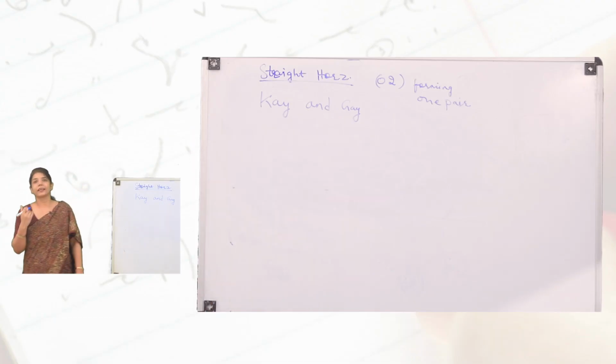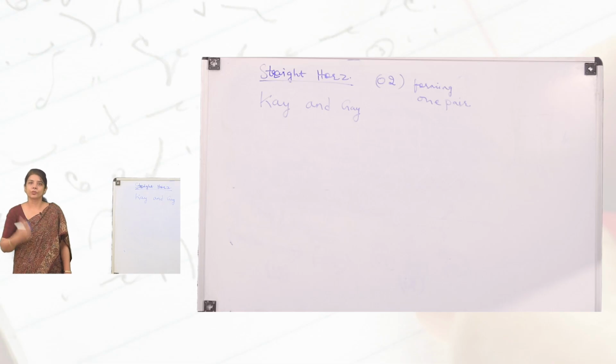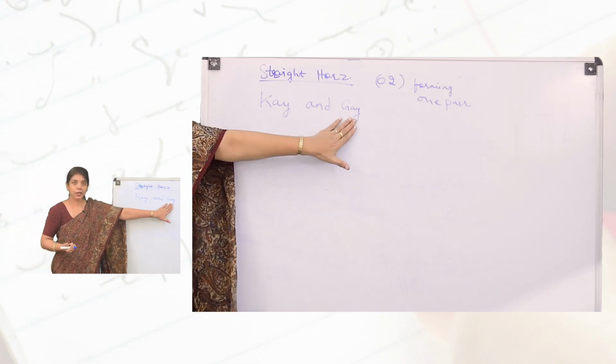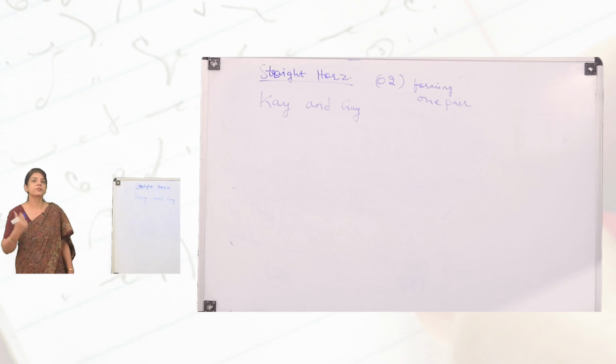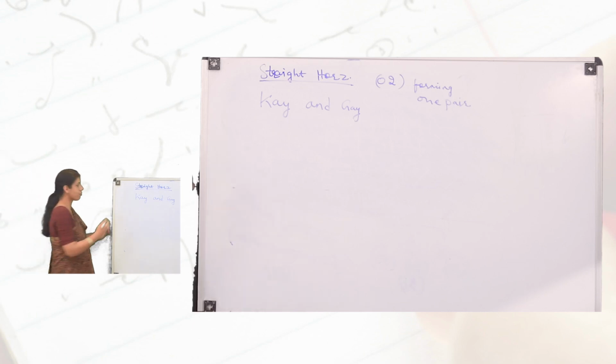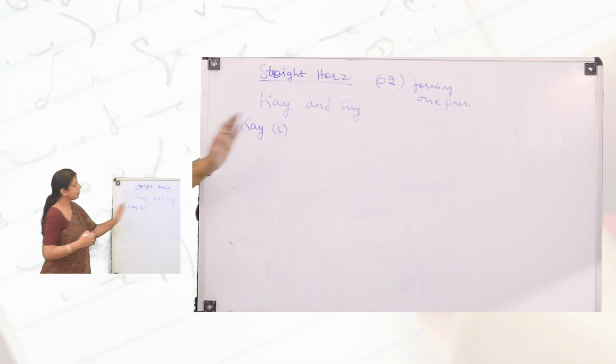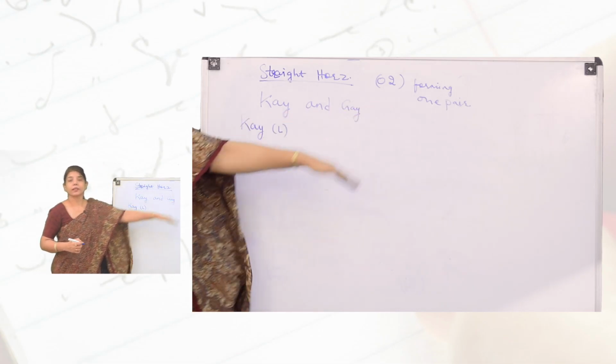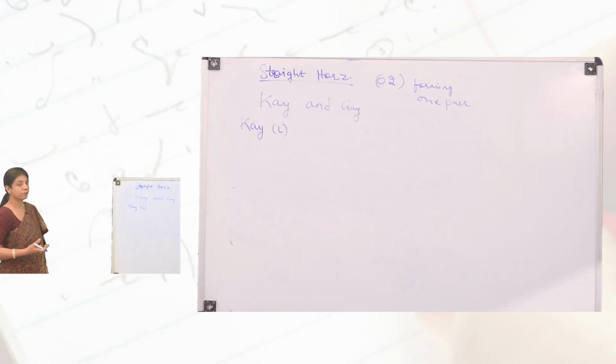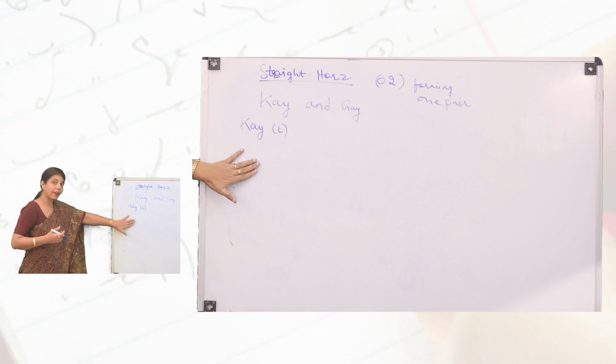K is a light sound, so it is going to be written with a light consonant. Gay, being a heavy sound, will be written with the help of a darker stroke. So since this is also forming a pair, the outline is going to be the same. The only difference will be of light and dark.